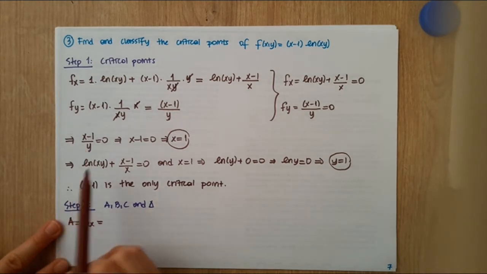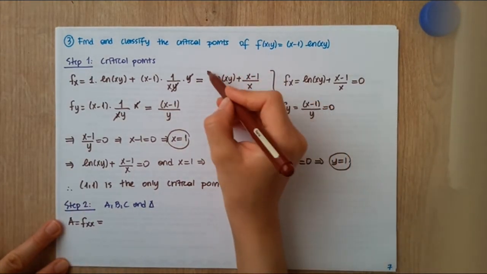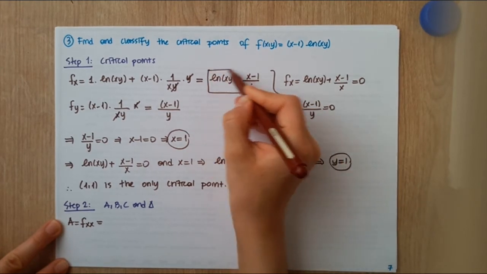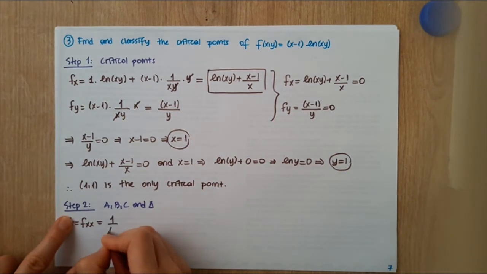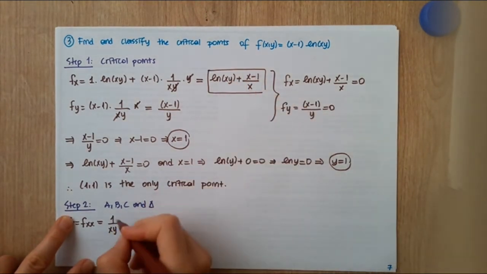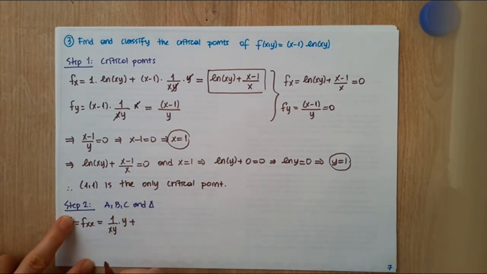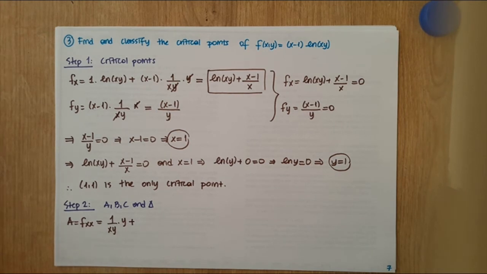So this is our first derivative with respect to x. I will evaluate the derivative of this function with respect to x to obtain A. And from here I have 1 over xy times derivative of inner term with respect to x, which is y, plus, and derivative of second term will be, I can rewrite it like that. It will be easy for us.